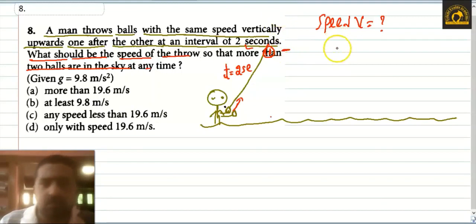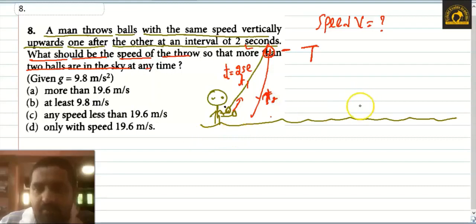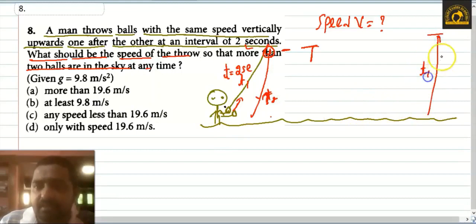So now let's see the solution. The total time interval is T1 plus T2. Because when the ball is thrown, it reaches the maximum height in time T1.